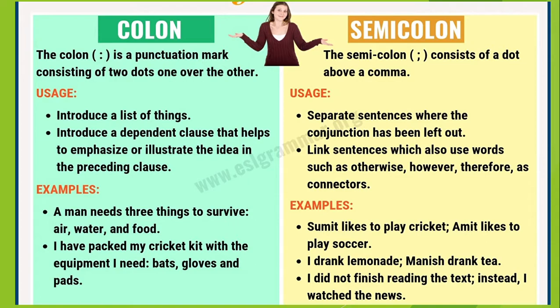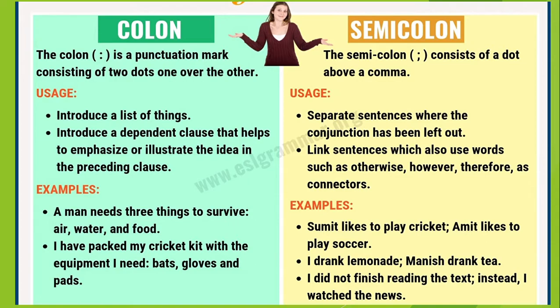okay? So we use colons when we introduce a list of things, and we also introduce a dependent clause. Okay, quickly, I'm going to define independent and dependent clause, okay? A clause is a sentence. When I say that a clause is independent, that means that I can separate it and it has a complete idea.